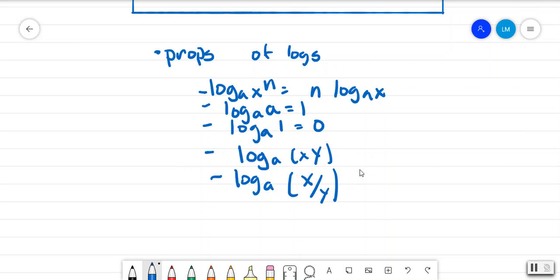So if anything, reviewing some of these properties of logs will help you. And then just remember the whole formula for exponential form and logarithmic form and how you can differentiate in any case, whether it's base a or base e.